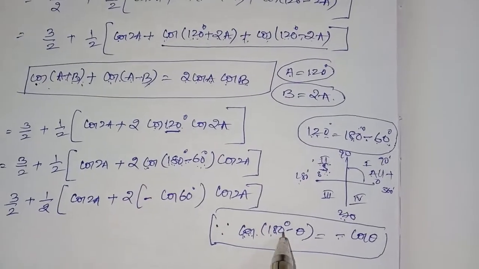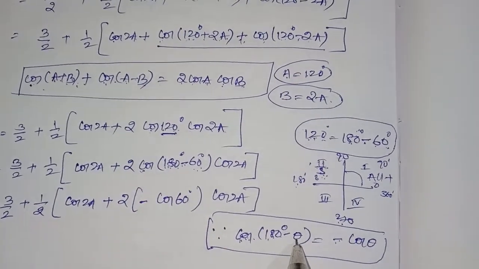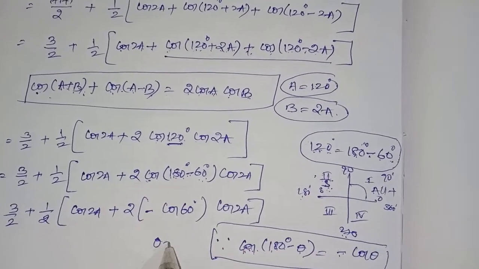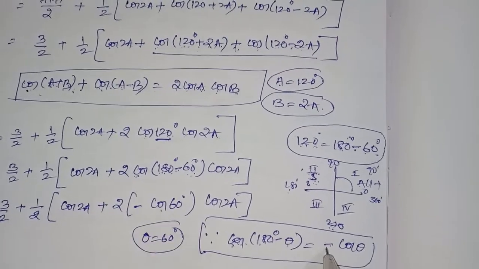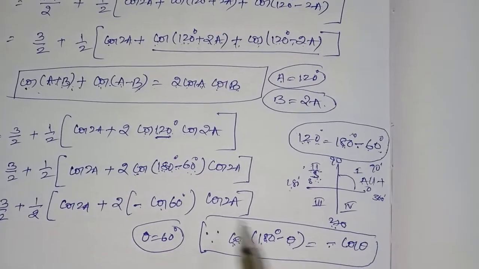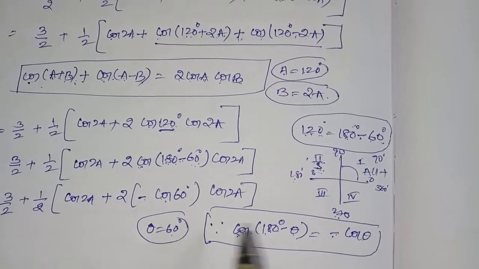If we compare these two, here 180, here theta, here 60, so theta is equal to 60 degrees. So if we apply the formula here, this is minus cos, theta value is 60 degrees.